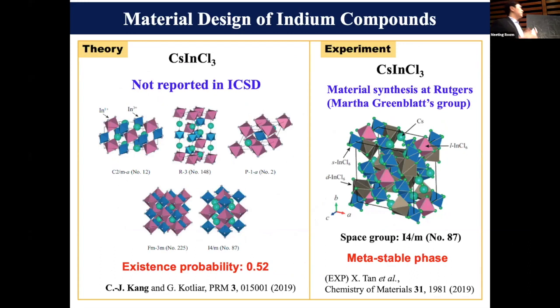So from the material design, we found that cesium indium chloride, which is not reported in the ICSD database, is thermodynamically stable, and it has an existence probability of 0.52. It is quite sizable. And this compound was successfully synthesized in experiment, and the experimental space group has the I4/mmm tetragonal structure.